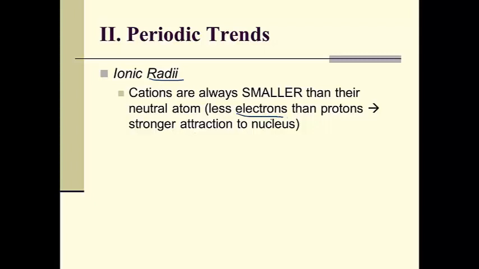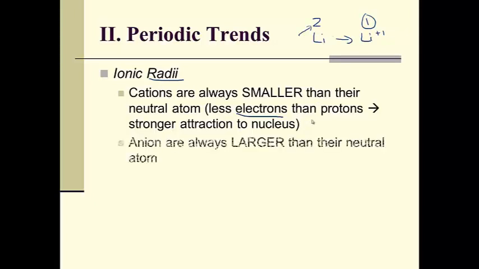And also, what happens when you go from lithium to lithium ion, lithium plus 1? Lithium had two energy levels. In the lithium ion, because that last energy level only had one electron in it, it went away. So now you only have one energy level of electrons. You lose a whole energy level, so naturally the ion is going to be a lot smaller.